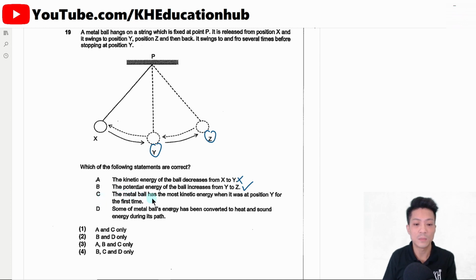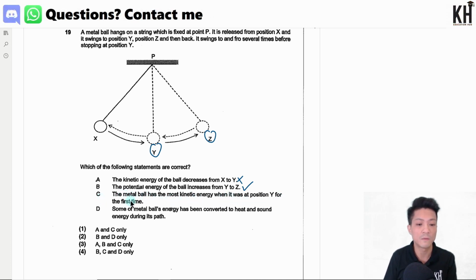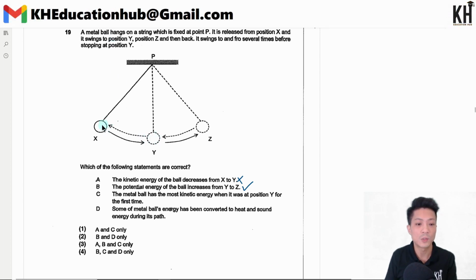For C, the metal ball has the most kinetic energy when it is at position Y for the first time. Yeah, that is probably correct also, because remember when it swings from X to Y, it will have the most amount of kinetic energy.